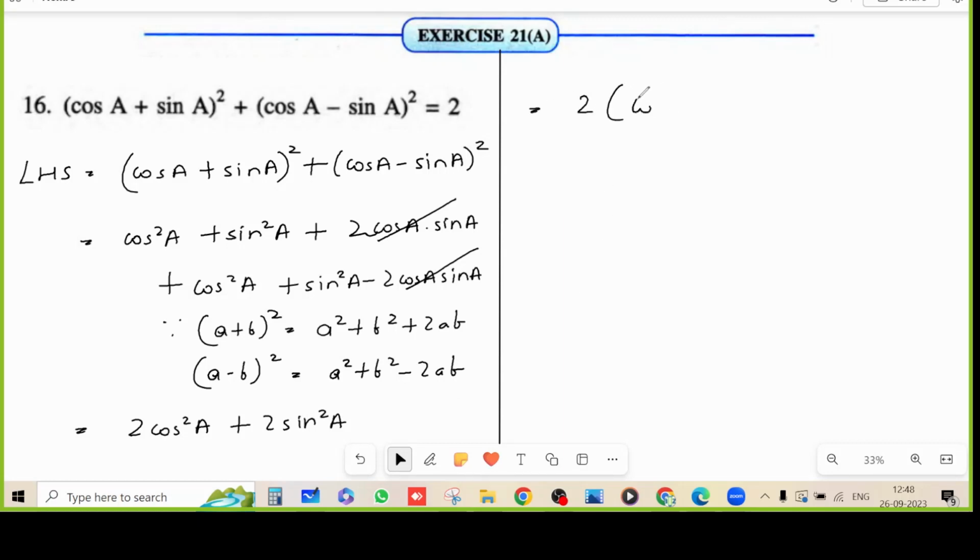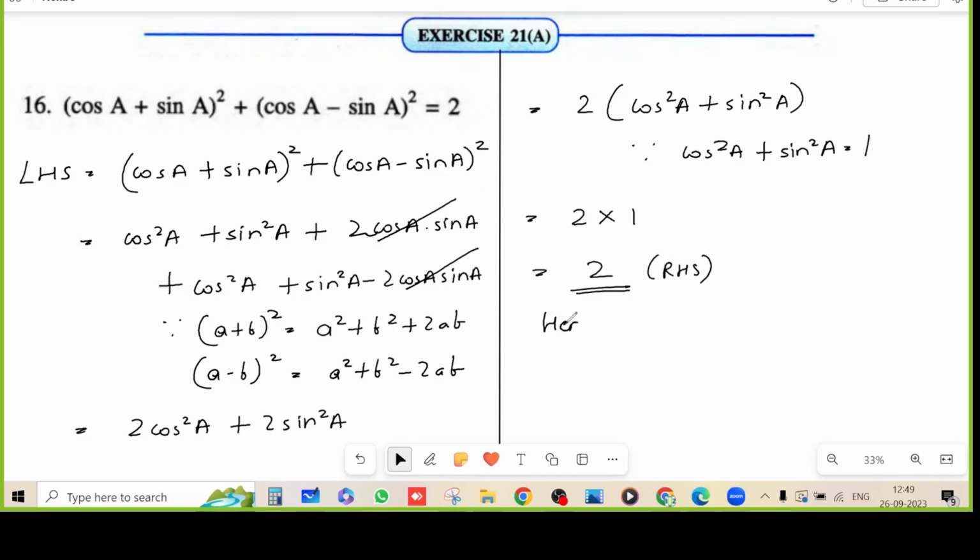So this will become 2 into cos square A plus sin square A. Now we know by the trigonometric identity that cos square A plus sin square A is equal to 1. We will substitute the value here. So this will become 2 into 1, which is equal to 2. This is the right hand side, hence proved.